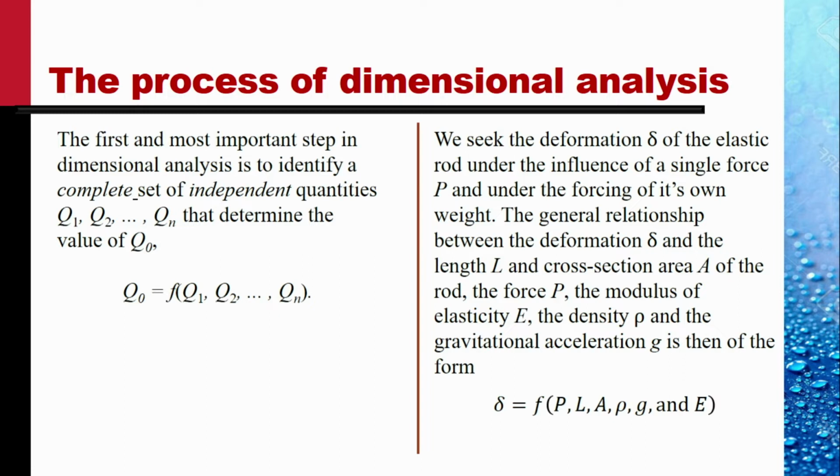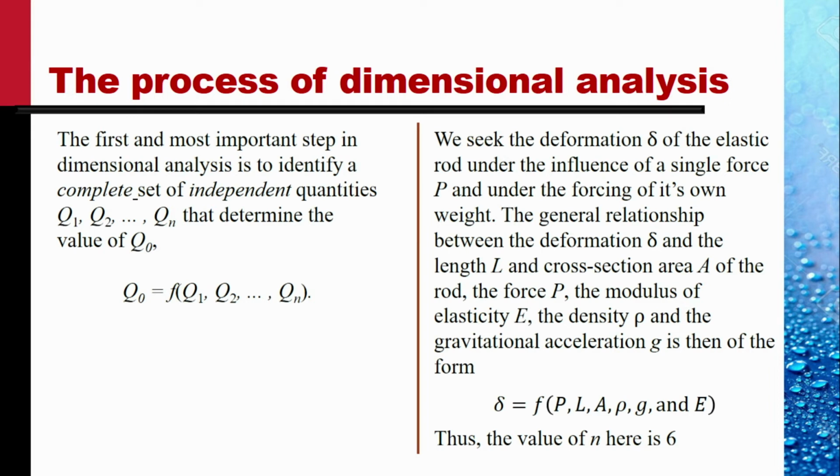The general relationship between the deformation delta and the length L and the cross-section area A of the rod, the force P that we apply, the modulus of elasticity E, the density rho of the rod material, and the gravitational acceleration g, is then of the form: delta is a function of P, the force, L, the length, A, the area of cross-section, rho, the density, g, acceleration due to gravity, and E, the elastic modulus of the rod material.